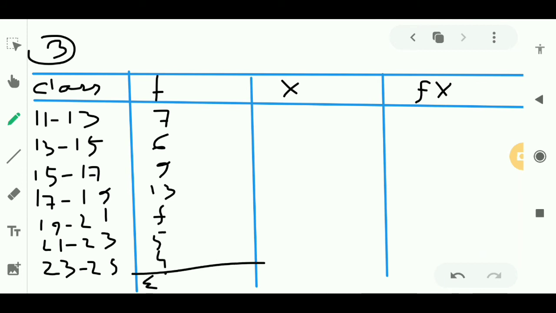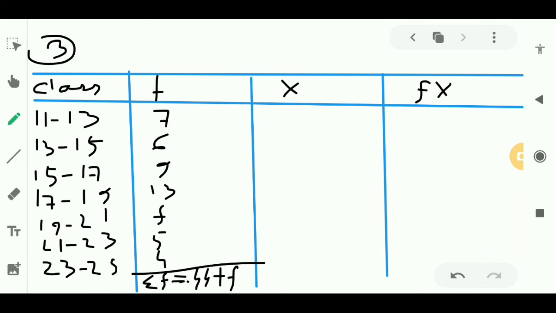For summation f, the total number is usually mentioned in the question; if not, we have to add them. 7, 6 is 13, 13 and 9 is 22, 22 and 13 is 35, 35 and 5 is 40, and 4 makes 44. That is the numbers added, and f is also there, so we write 44 plus f.